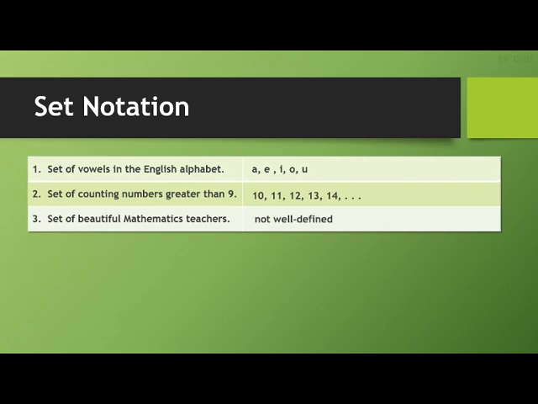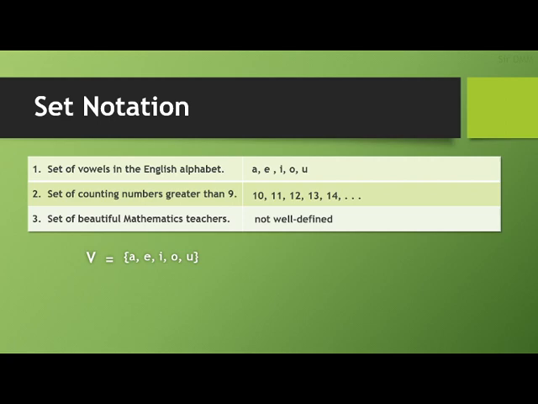So for set of vowels in the English alphabet, let us use letter V. And the elements under this set are A, E, I, O, U. So, as you can see, the elements are enclosed by braces and they are separated by commas.